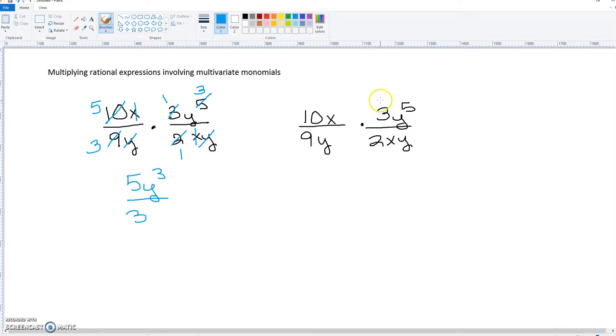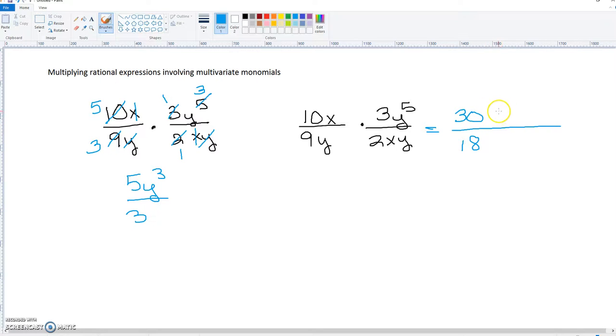So another way you can approach it: you can still cross simplify with numbers if you'd like, or you can multiply the big numbers straight across. So we've got 10 times 3 gives us 30, and then 9 times 2 is 18. Everybody with me so far?